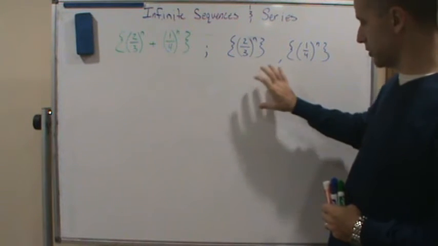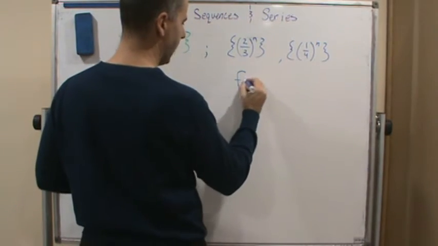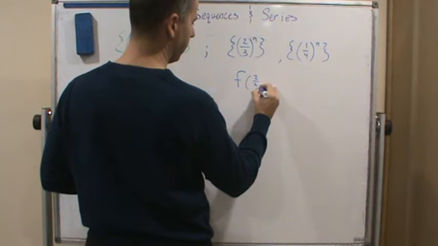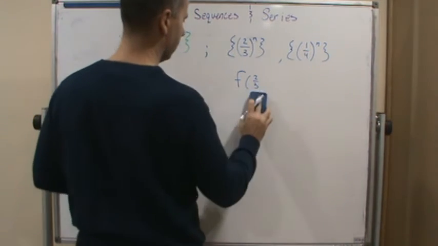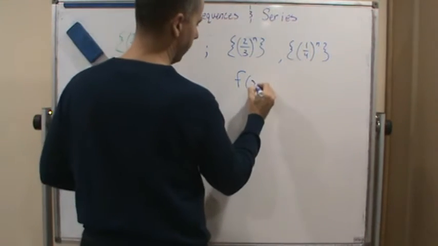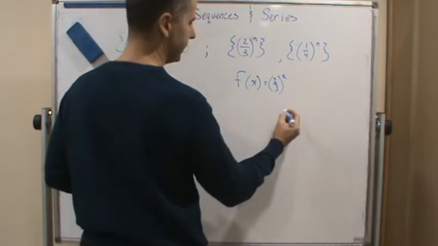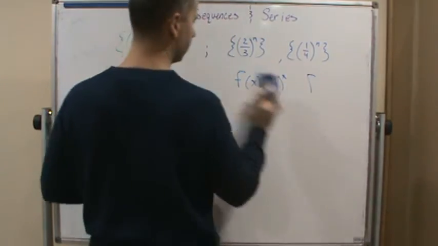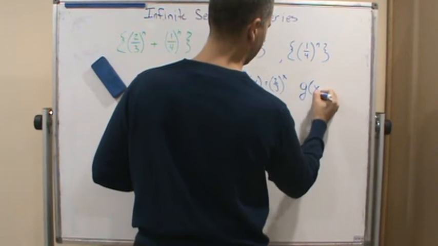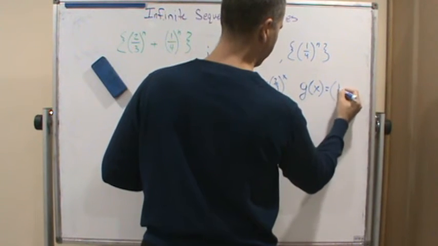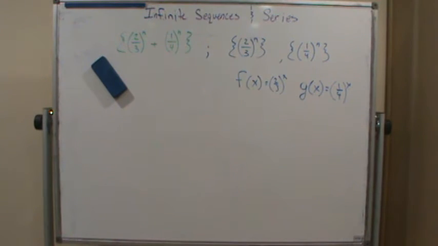So if we use functions to compare these two, f of x equals 2/3 to the x, and g of x, if we can compare those functions, right?